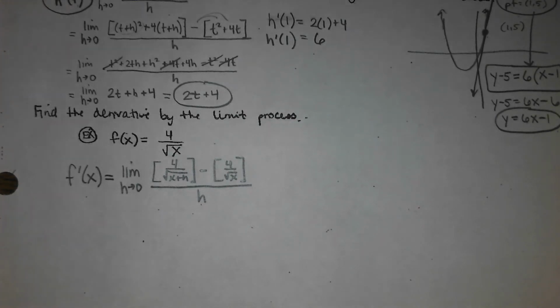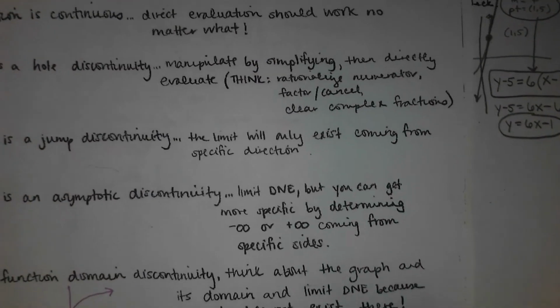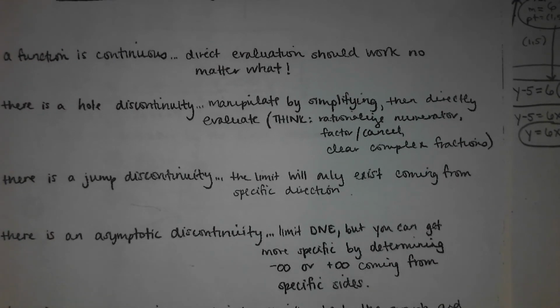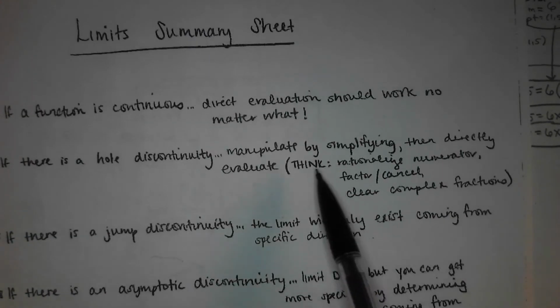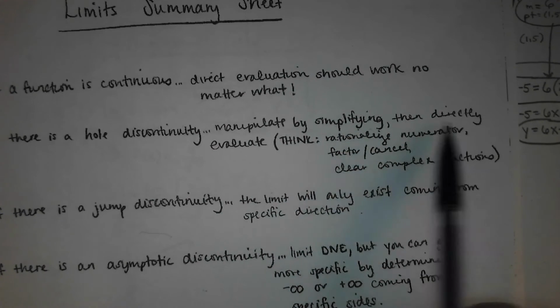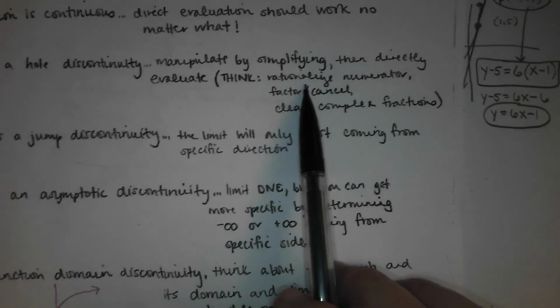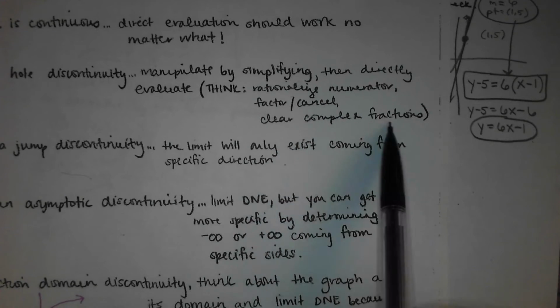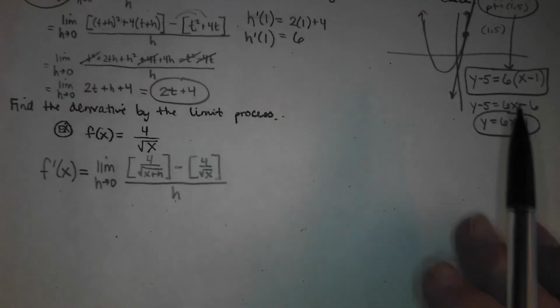Come on, Mackenzie, I know you know it. Remember when your teacher gave you this awesome thing? Indeterminate cases. Manipulate by simplifying the direct evaluation. You can rationalize. You can factor and cancel. You can clear complex fractions.